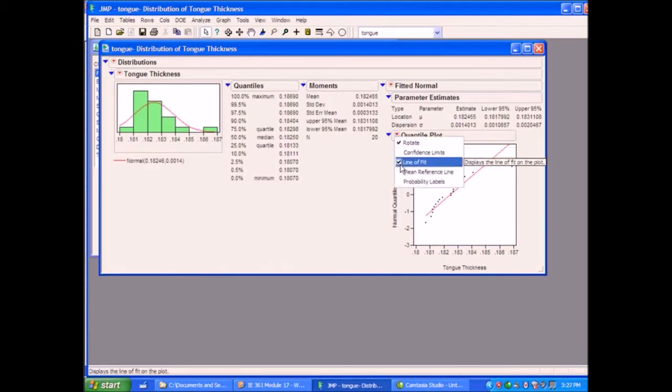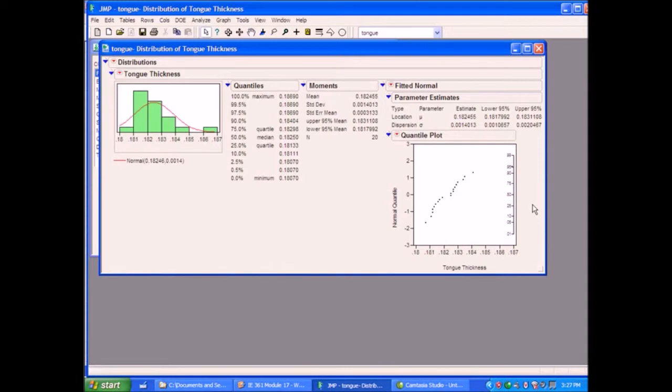I'm going to turn off the so-called line of fit, and I'm going to turn on probability labels for purposes of helping us think about what's being plotted here.